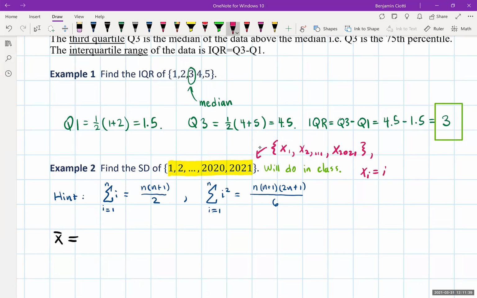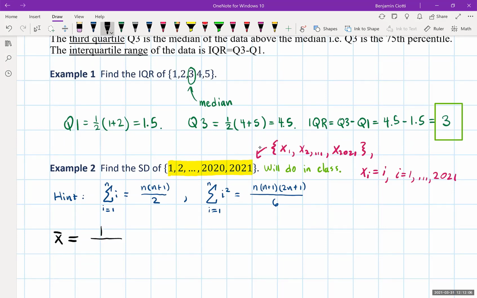The ith element of the set is equal to i, where the index ranges from 1 up to 2021. So that's the x sub i that I'm going to plug into the formulas for the mean and the standard deviation.